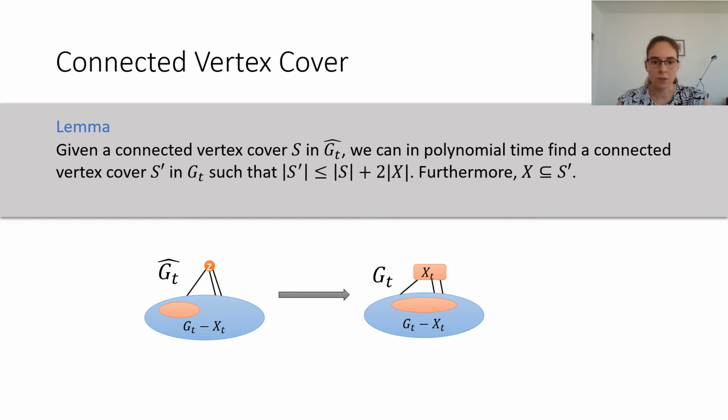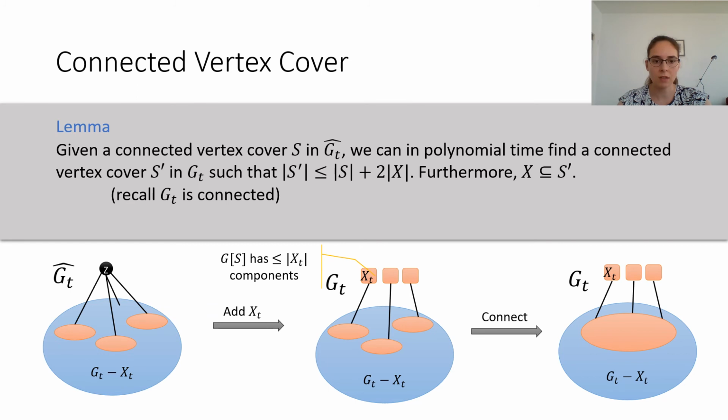Okay, so how does one do this? We start from some connected vertex cover in G_t hat, and it may or may not contain the vertex z. Then we add all of X_t to this vertex cover in G_t. Now we have a vertex cover in G_t, but it's not necessarily connected.